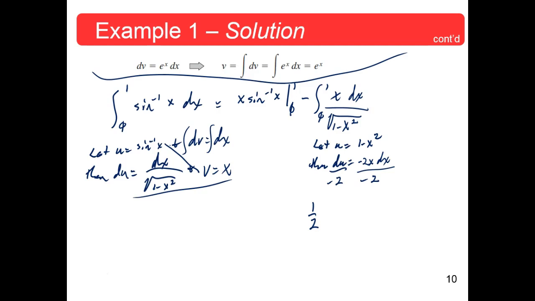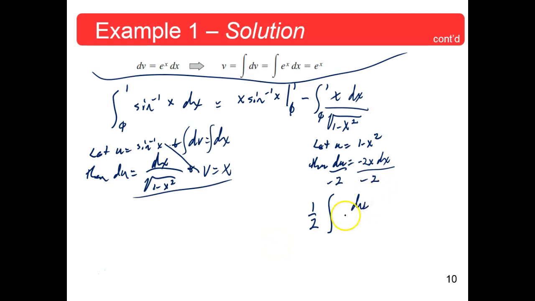Okay. All right. A 1/2 integral. Oh, okay, we still got one thing to do. The x dx that's left is your du over -2, which we've already taken care of.